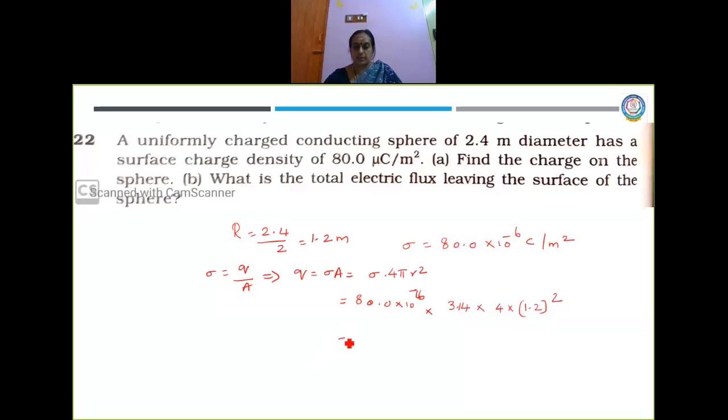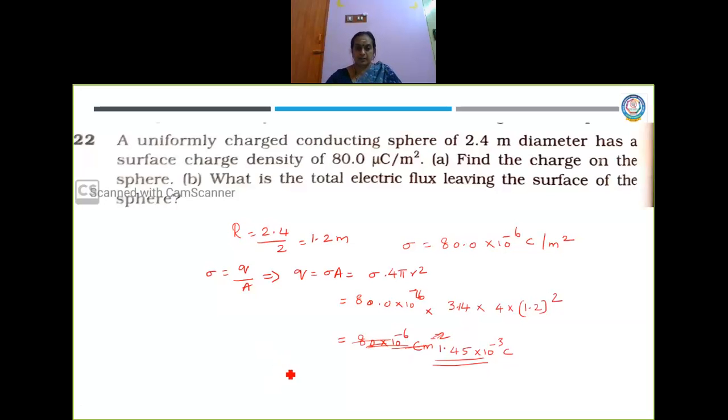So when you simplify, you will have 80 into 10 power minus 6 coulomb meter square. This should be the answer. Okay, not this. Sorry children, sorry. It is 1.45 into 10 power minus 3 coulomb, because I wrote the same value here. So this is 1.45 into 10 power minus 3, right?